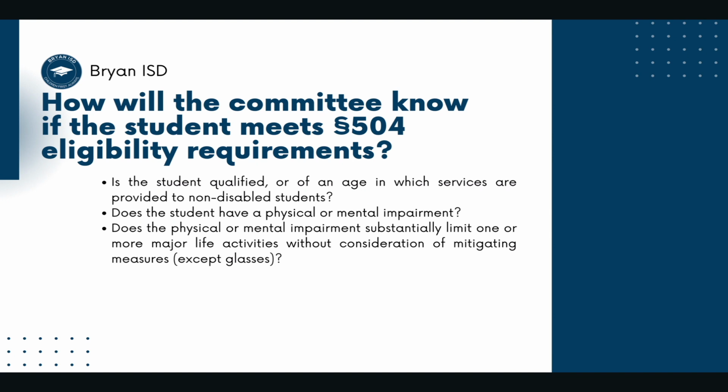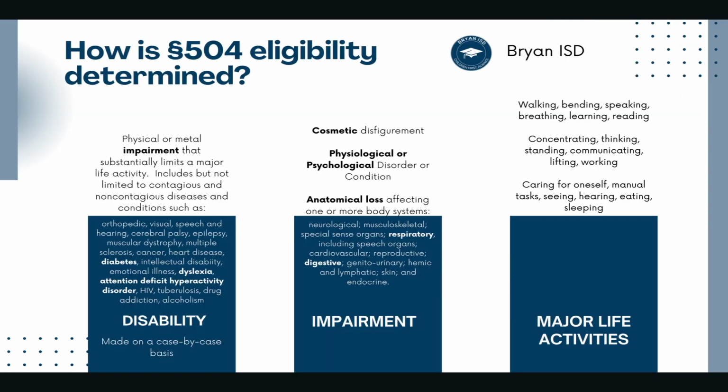Mitigating measures do not include glasses. That is the one exception. So together as a committee, you are going to determine eligibility for that student, again considering the disability, the impairment, and the major life activity.